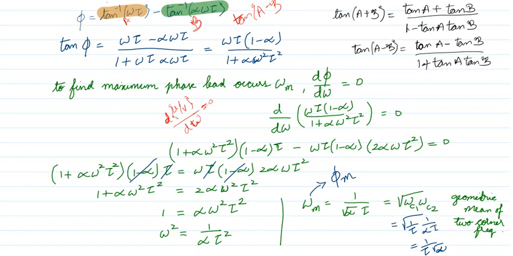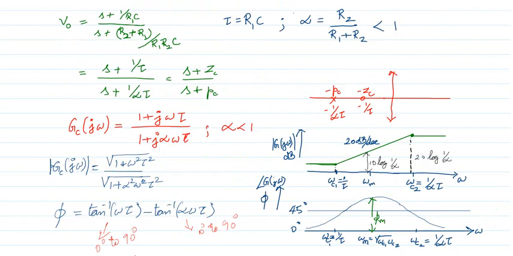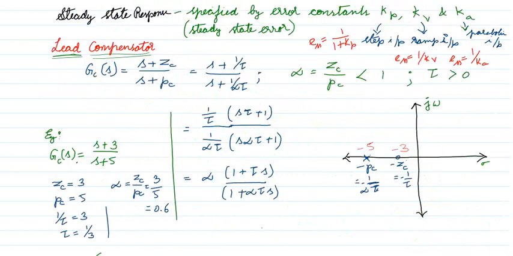There is another way of finding omega m, that is by taking the geometric mean of the two corner frequencies. You know what the corner frequencies are: the zero corner frequency and the pole corner frequency. This is one corner frequency, 1 by tau, and the other corner frequency is 1 by alpha tau.